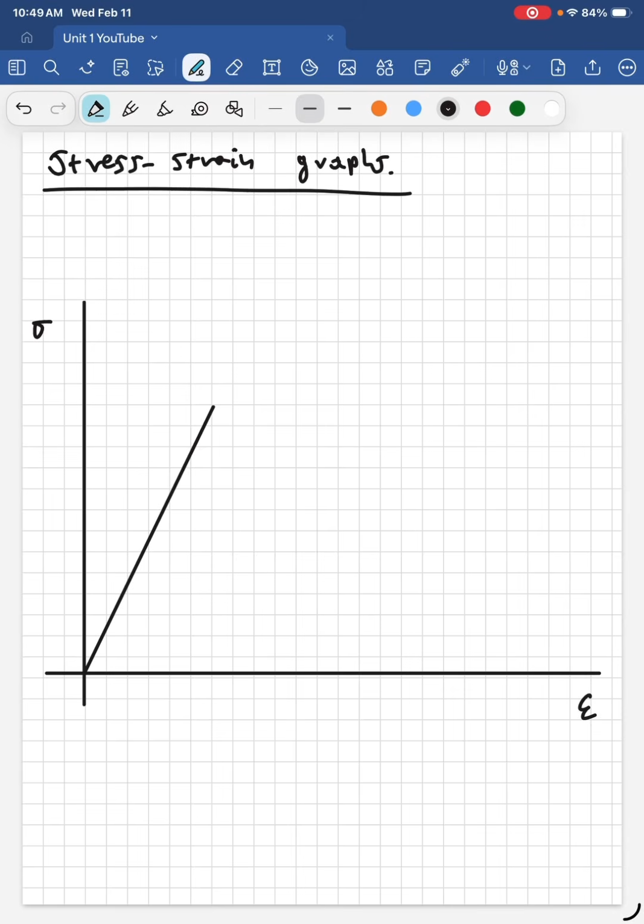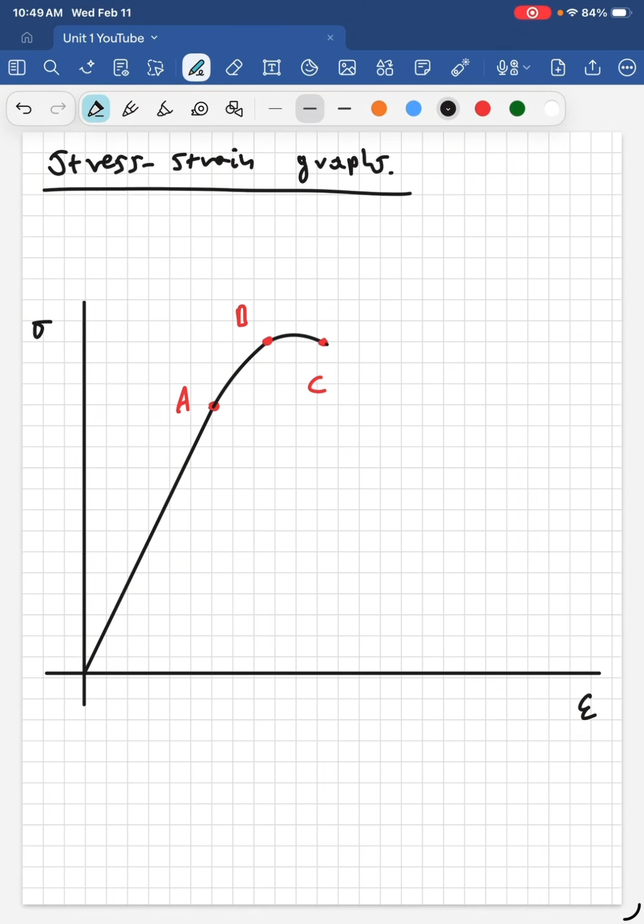So let's mark this as point A. As we increase the stress and the strain, we start seeing a region like this, slightly bent, and I'm gonna mark this as B. Then if we keep increasing, we will see something like this. B disappeared, so let's do it again. So that's point C now, and I will talk about these points in a moment.